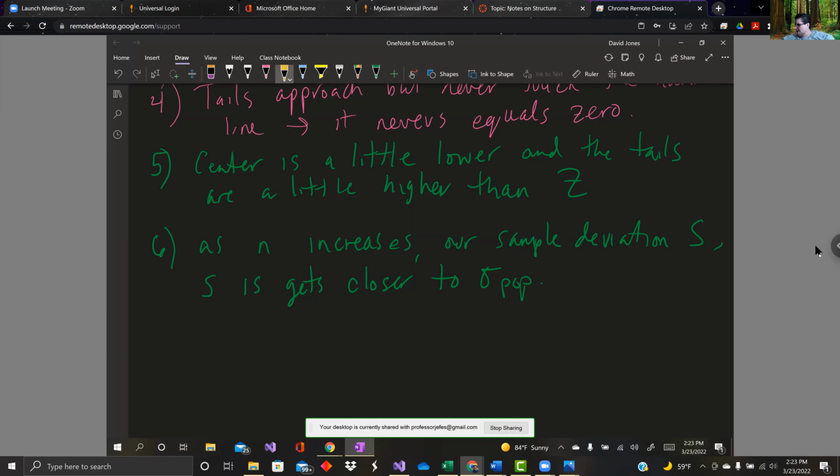So this was pic 1. This is going to be pic 2.